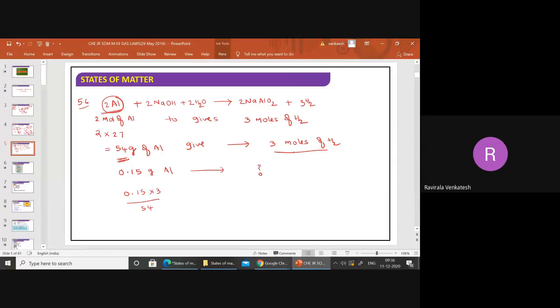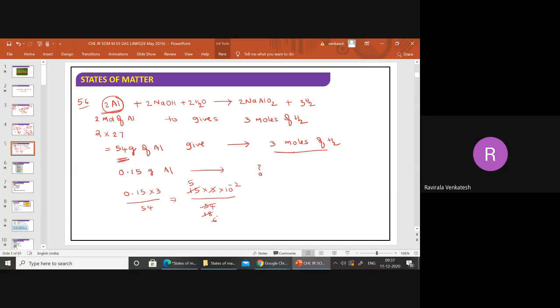Now if we cancel this one, how much do we get? 15 into 3 into 10 to the power of minus 2 divided by 54. 3 ones are 3, 3 sixes are 18, 15 by 18, 3 fives are 15, 3 sixes are 18. Now 5 by 6, how much?